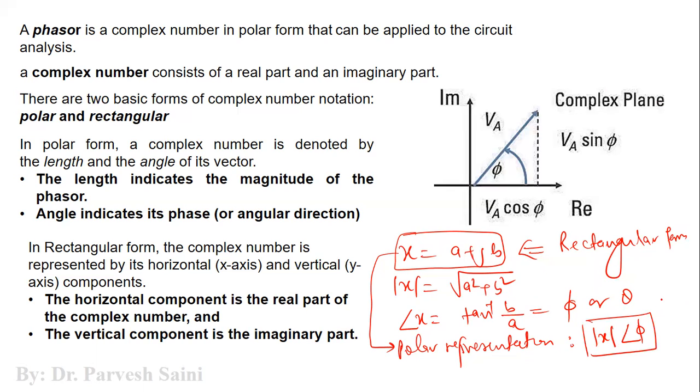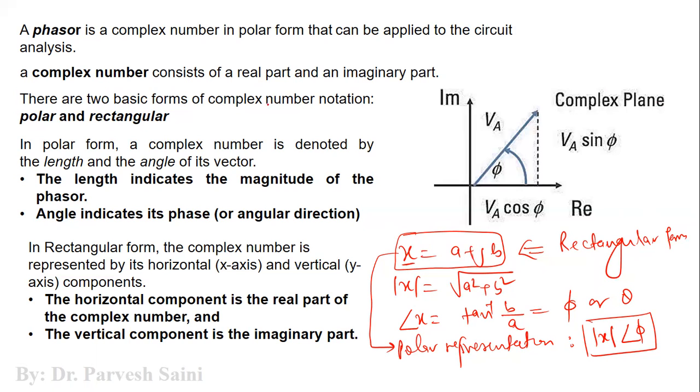So this is the polar representation of this complex quantity, which represents a signal that is bidirectional. In this slide we have understood that a phasor is a complex number. A complex number has two parts, real and imaginary.